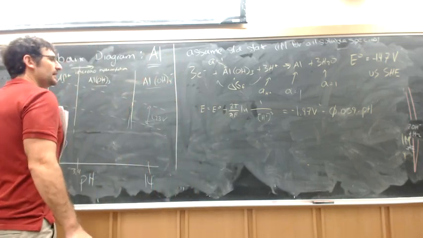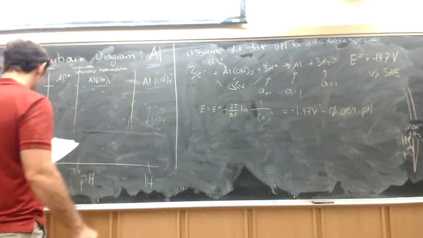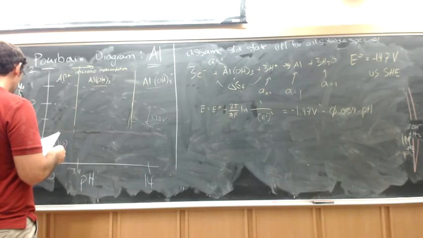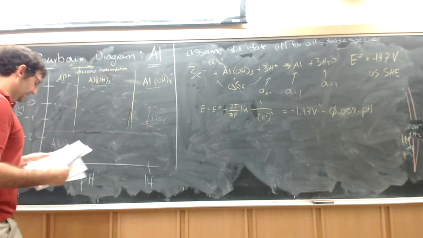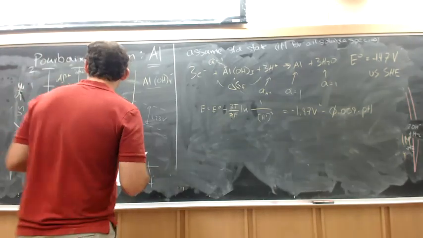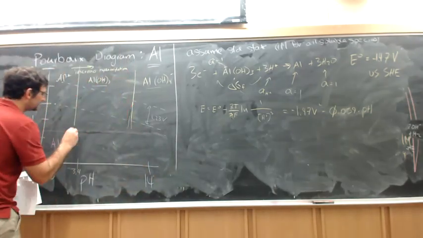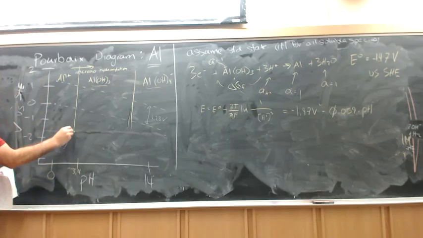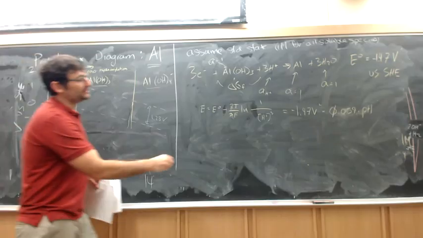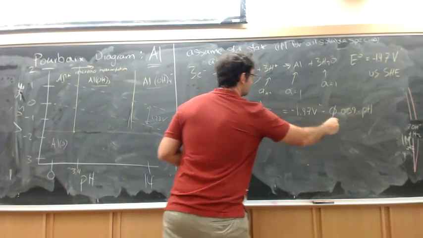Okay, so let's go here. We can go to our plot, and we can add that to our Pourbaix diagram. So we can go right here. So we know these things meet at this point, right? And that's actually going to be the starting point for this line.